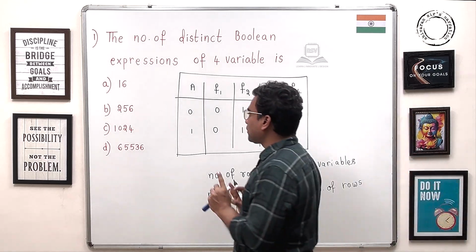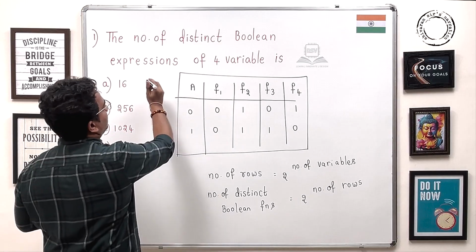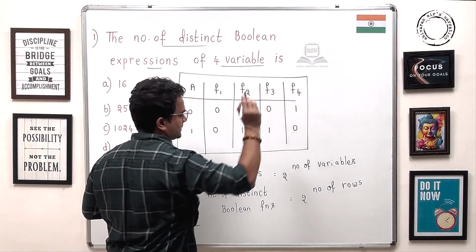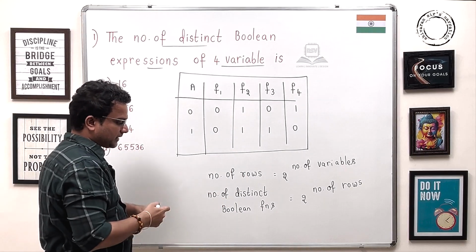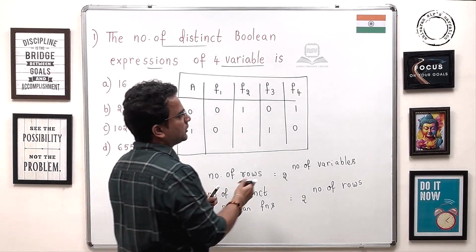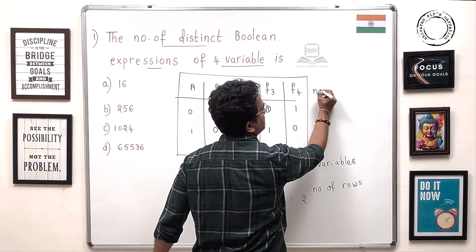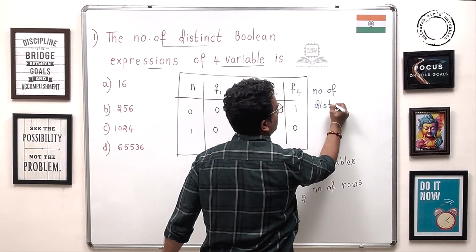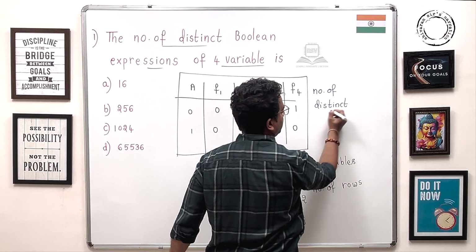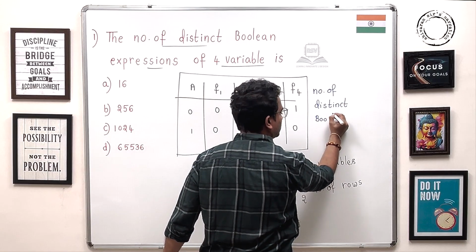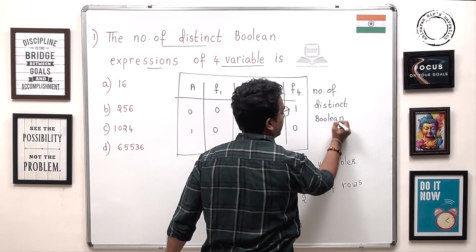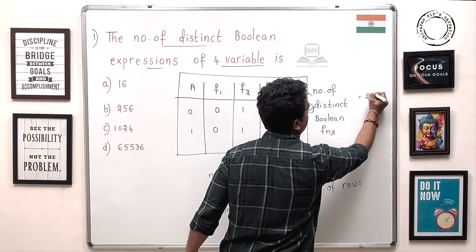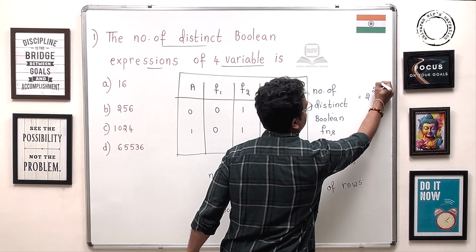Now, if you want to interconnect the number of Boolean functions with respect to variables, then we can say the number of distinct Boolean functions is equal to 2 power 2 power number of variables.